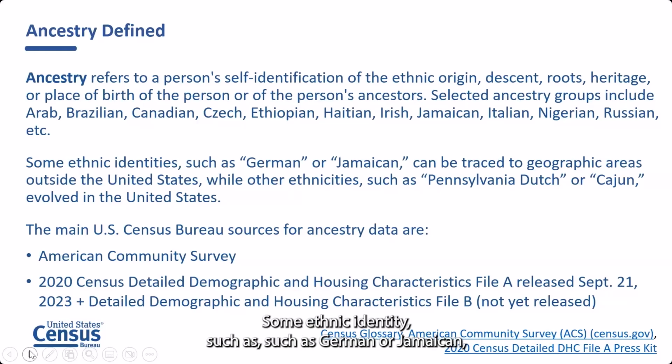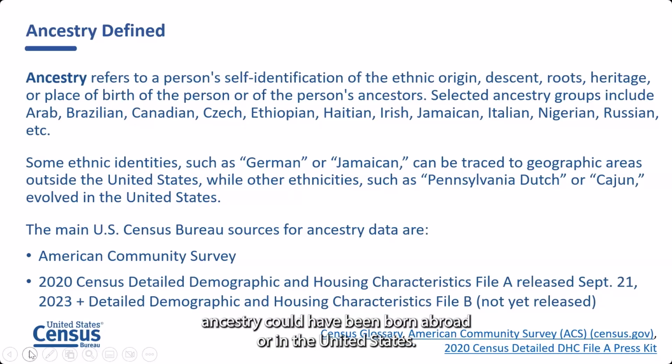Some ethnic identities, such as German or Jamaican, can be traced to geographic areas outside the United States, while other ethnicities, such as Pennsylvania Dutch or Cajun, evolved within the United States. People who identify with a specific ancestry could have been born abroad or in the United States.